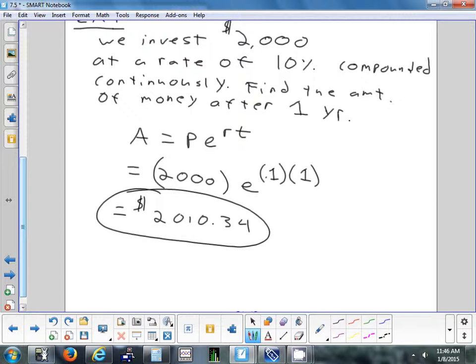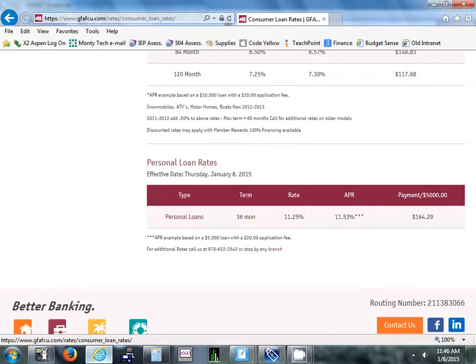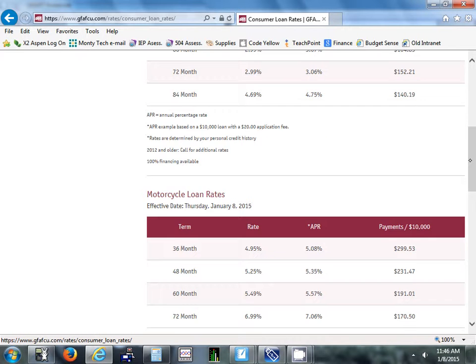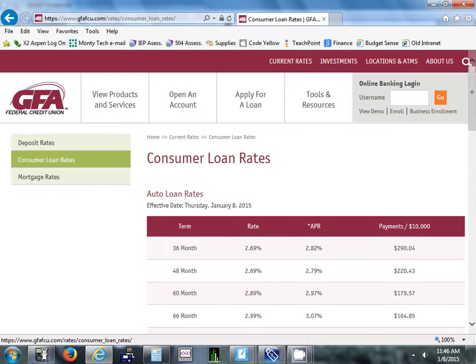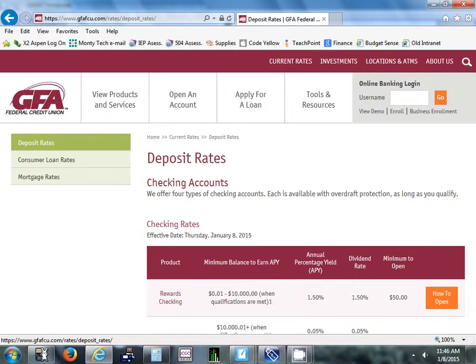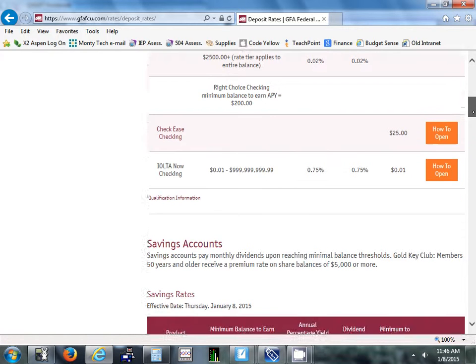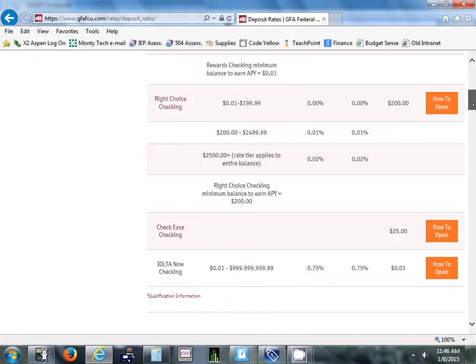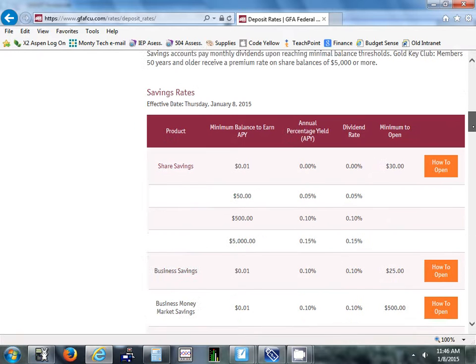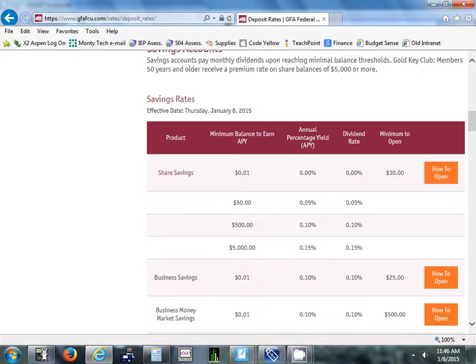Imagine the interest rates we just saw on the other page. The interest rates weren't even 1%. What was a savings account? Was it even 0.5 or was it like 0.1? So those are checkings, that's different. This savings account, they pay you different amounts of interest depending on how much money you have.